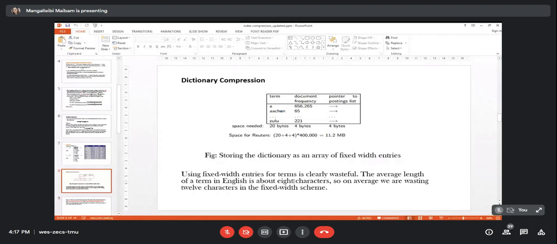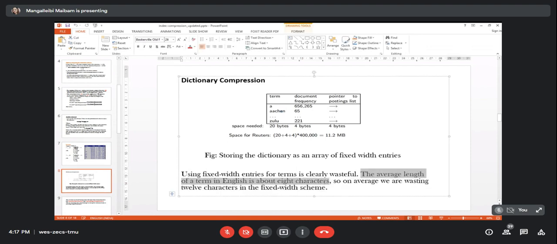Then, using fixed width entries for terms is clearly wasteful, because sometimes your term may be very short and sometimes you may have a longer string. If we use a fixed width, then it may waste some of your memory, because all the terms may not have the same length. The average length of a term in English is about 8 characters. So on average we are wasting 12 characters in the fixed width scheme.